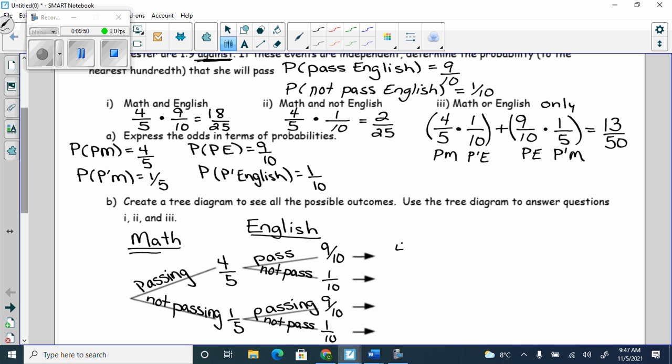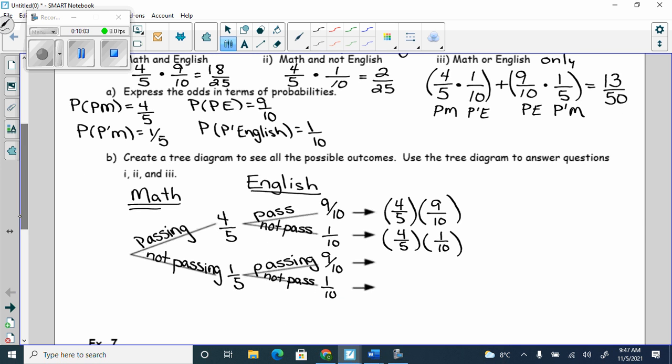So I would get 4/5 times 9 out of 10. And I get 4/5 times 1 out of 10. And I would get 1/5 times 9 out of 10. This would be 1/5 times 1 out of 10.